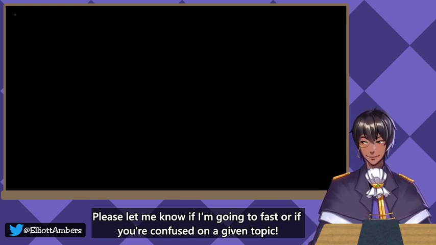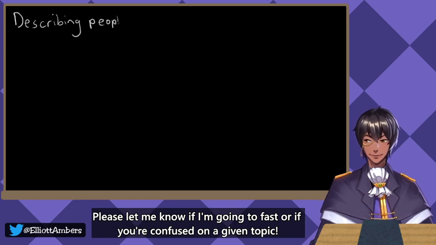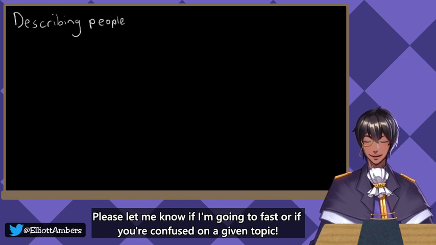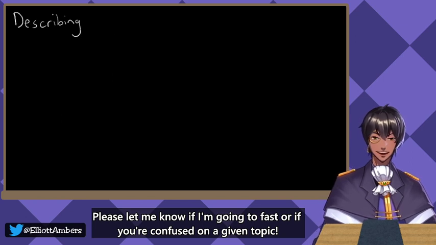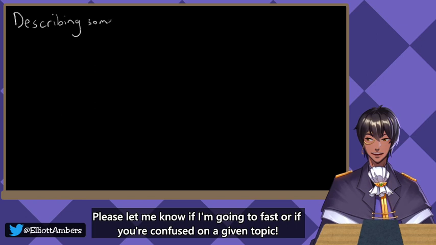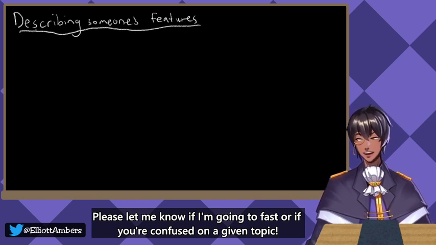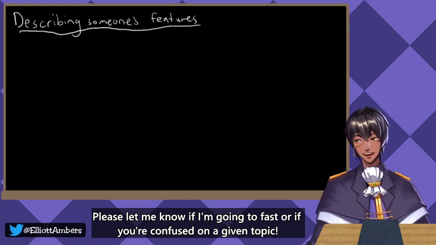Describing someone's features. So if we're talking about someone's features, you know, their hair, their body parts are long, like they got a big head, they got big eyes, they got big feet, you know?